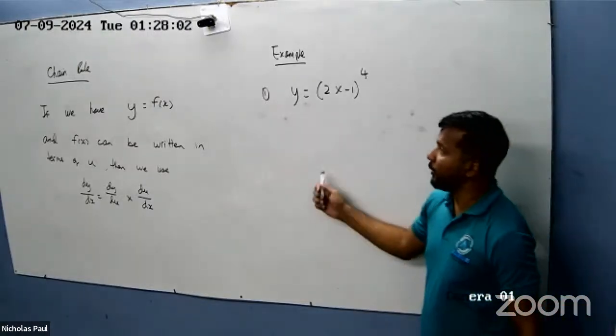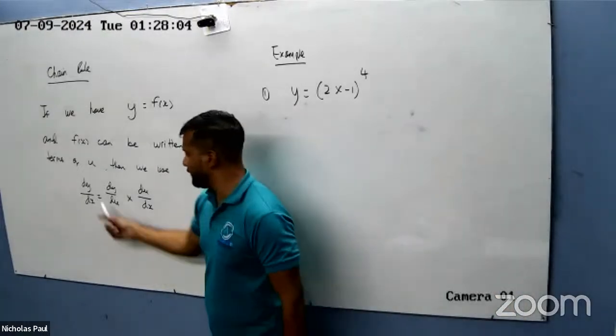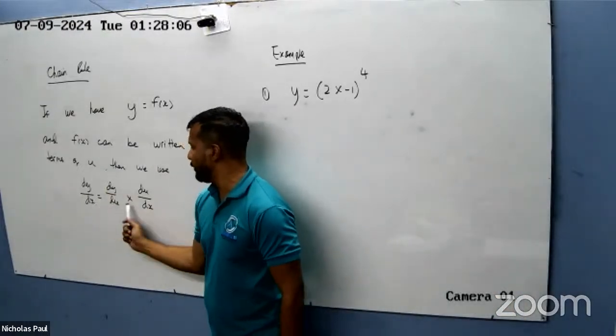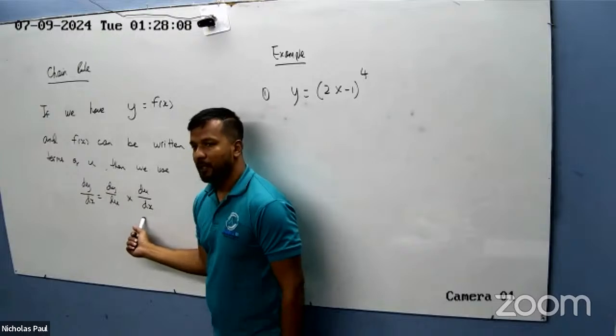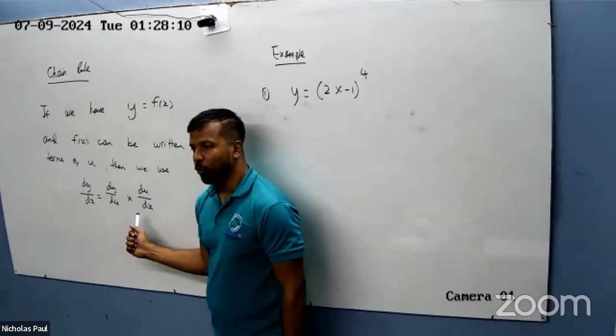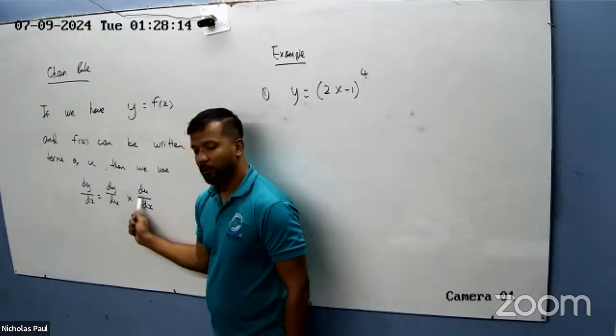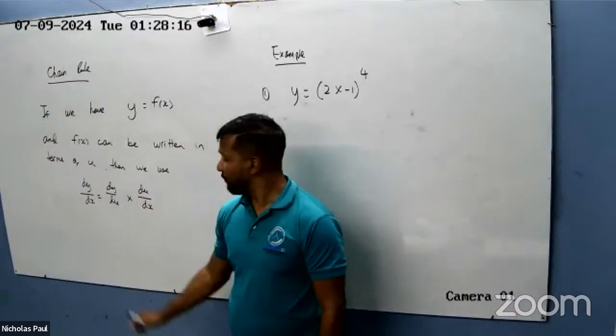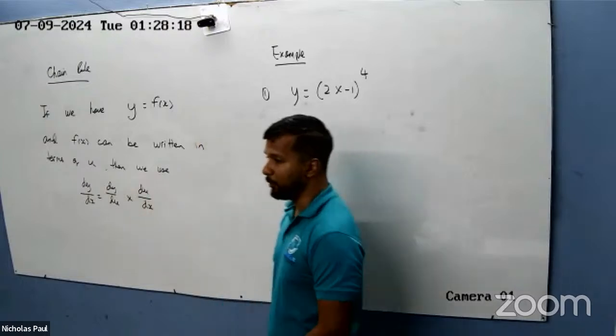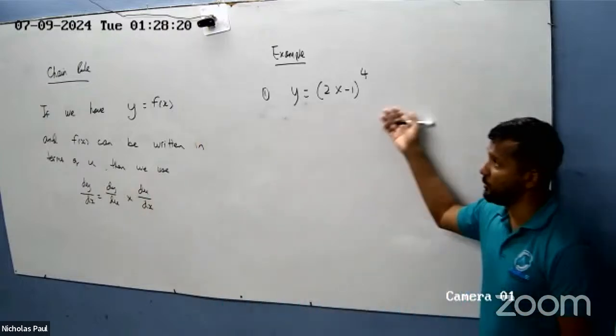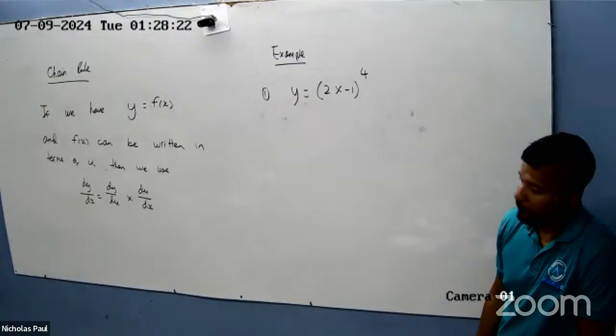Ready? So we're going to try to use this rule here: dy/dx is equal to dy/du by du/dx. When we use this rule, we're going to have to introduce a new variable, u. We're going to have to find a way to bring in that new variable u. So let's see if we can use it in this example here and allow it to make some sense.